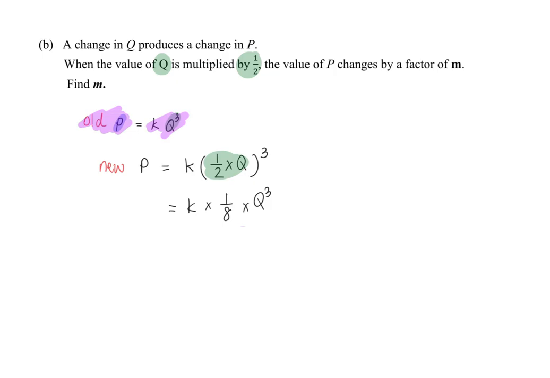And I'm going to rearrange this. You can then see that it will eventually lead us to 1 over 8 times K times Q cube. And this KQ cube is in fact our original P.